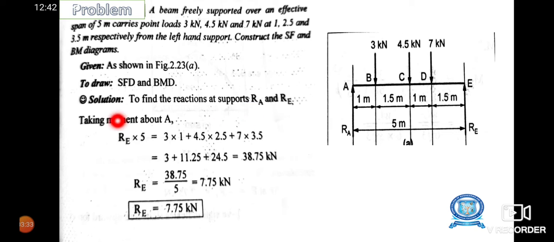We have calculated these values and got the reaction force at point E. So RE is equal to 7.75 kilonewton.